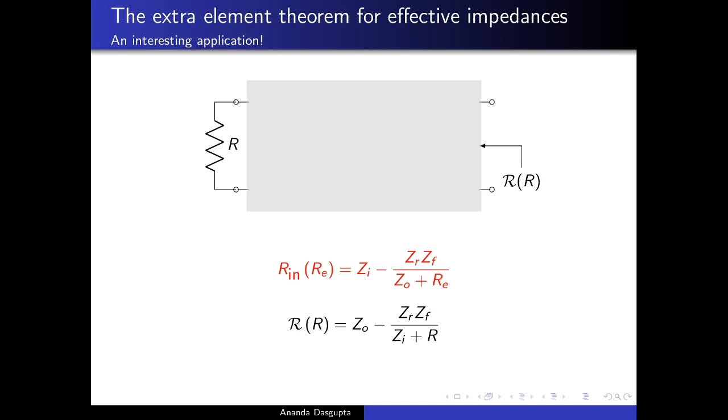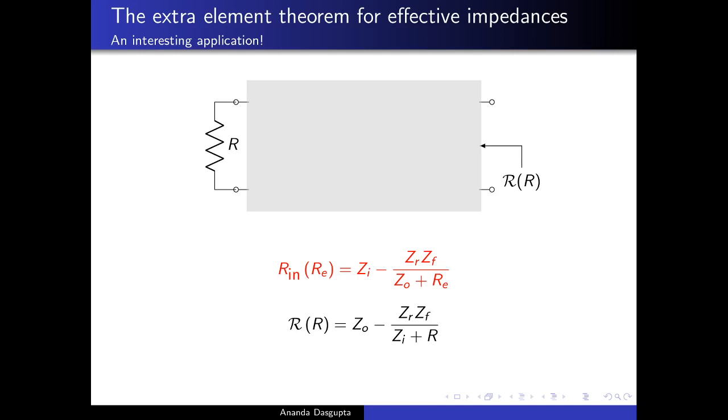Now, I will be interested in two particular special cases here. One is when capital R is 0, which is straightforward: Zo minus Zr Zf by Zi. And the other is when capital R, the resistance that I'm connecting across the input, is infinity. That is, I'm opening out the thing.